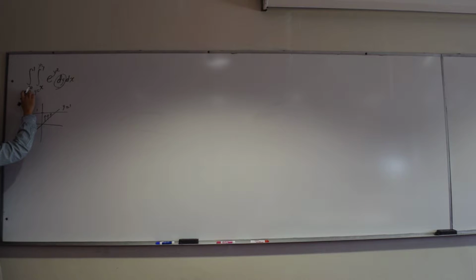Then your x value is from 0 to 1, so the paintbrush begins at x equal to 0 and ends at x equal to 1. It paints everything, and it ends up painting this triangular shape.